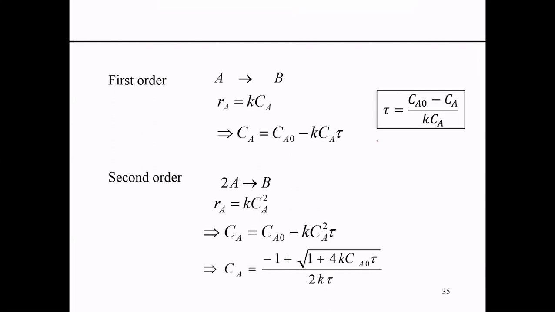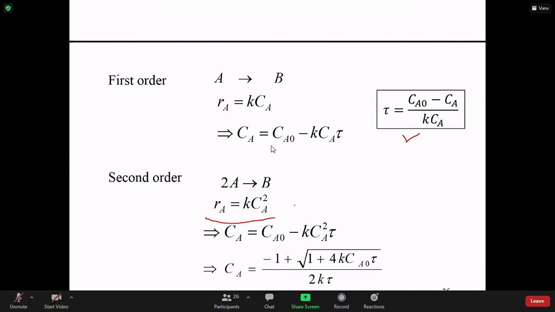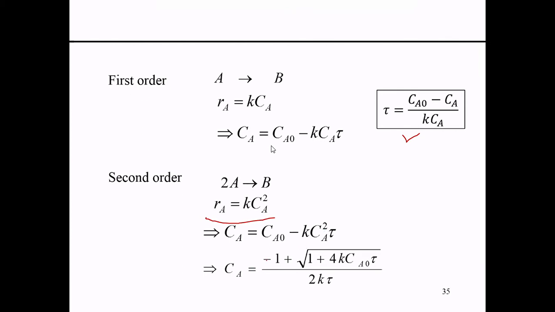And then to obtain the space-time, we can use this formula. For second order, it's similar, it's just that the concentration is squared because we have 2A reacting to form B. Similarly, if you want to find the concentration converted, here we solve this equation and we get this.